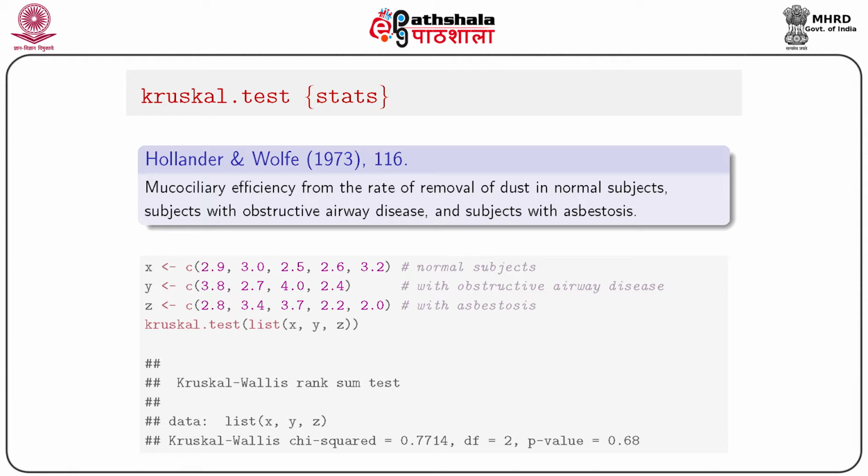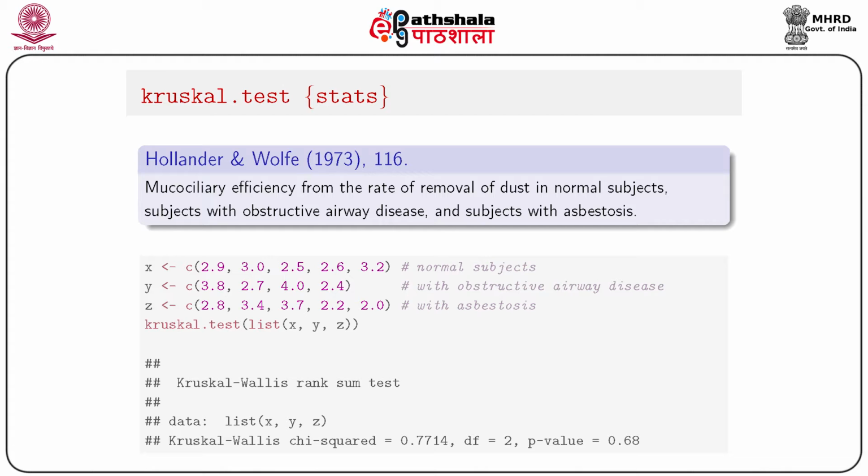I'm using this example here. It is mucociliary efficiency from the same book, the rate of removal of dust in normal subjects, in subjects with obstructive airway disease, and in subjects with asbestosis.